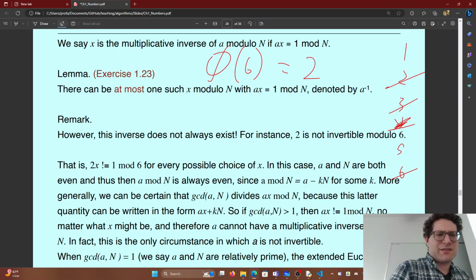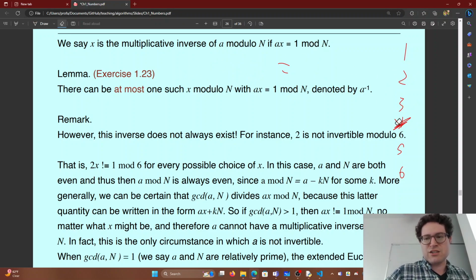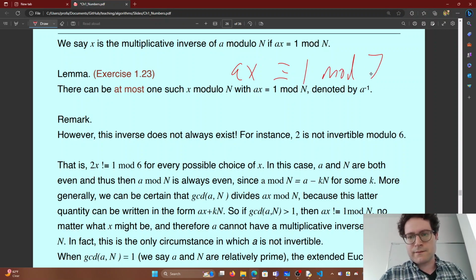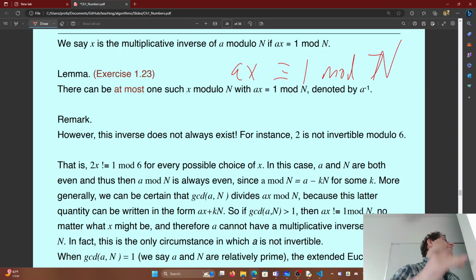Why am I talking about this? Because it's useful for later. So anyway, why did I talk about this coprime, this modular inverse kind of thing? Why do we care about ax is 1 mod n? Because this is the only way we can do division. The only way we can really do division here is multiplication.